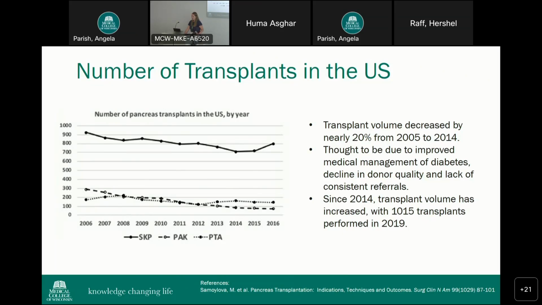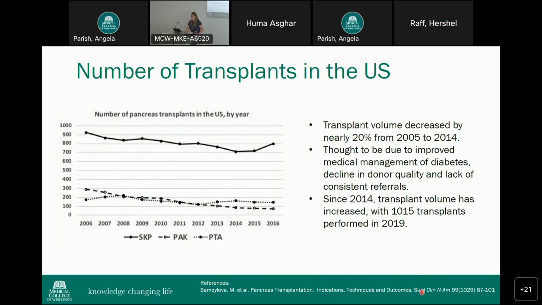One being that maybe as endocrinologists, we're just getting so good at medical management with advancement of CGMs and pumps. There's also a decline in donor quality. If you think about one statistic showing that in the past decade, diabetes went from 100 million to 400 million, so as kind of supply and demand, the number of patients with diabetes went up, the supply of our pancreas donors went down, and also demand.